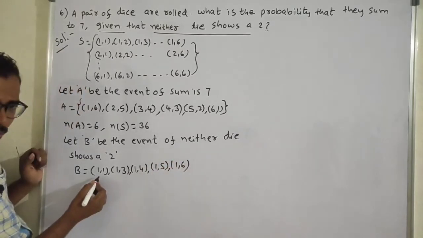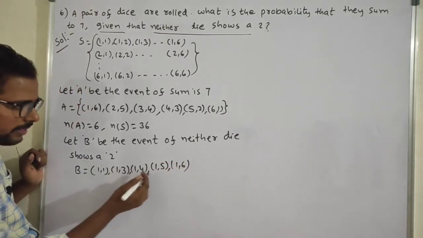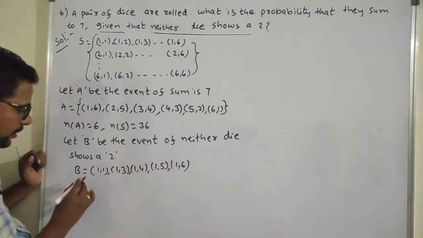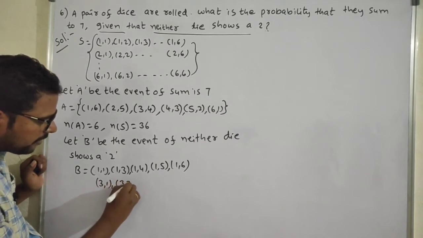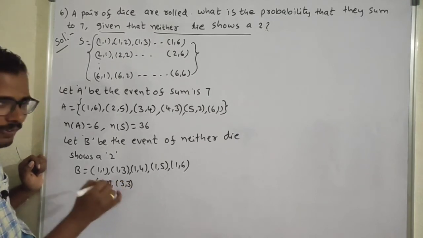Next, with 2, don't take (2,1), (2,2), (2,3), the whole row. Next (3,1). For (3,2), don't take it, because in (3,2) we have a 2.